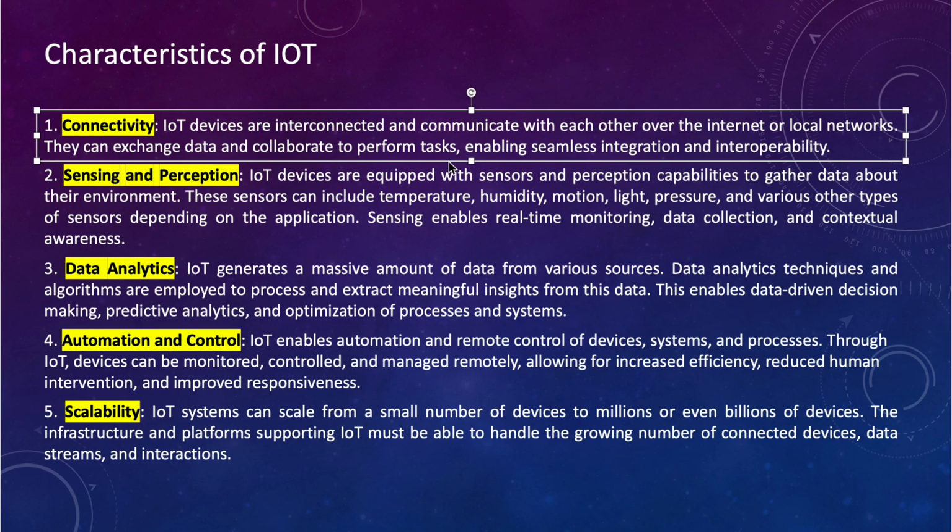So basically what this means is that it's not only connectivity between the IoT device and the human, but the connectivity between each IoT device, right? That's why they can exchange data. So each IoT device can exchange the data and perform their task, right?